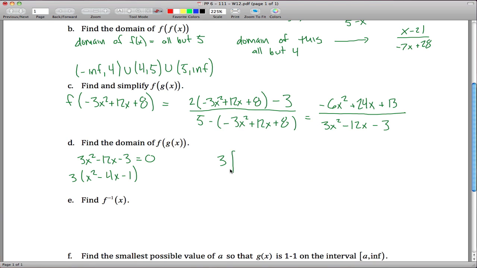Shoot, I want to complete the square the way I've taught you to, so I'm going to go back. Instead of factoring out the 3 there, I'm going to do this and say 3 times x squared minus 4x, minus 3.